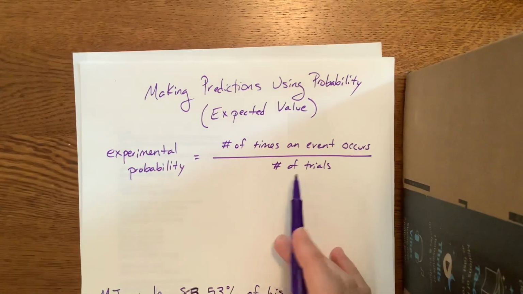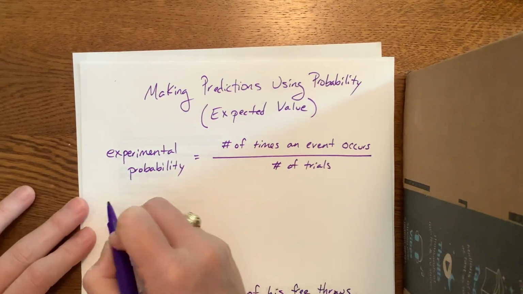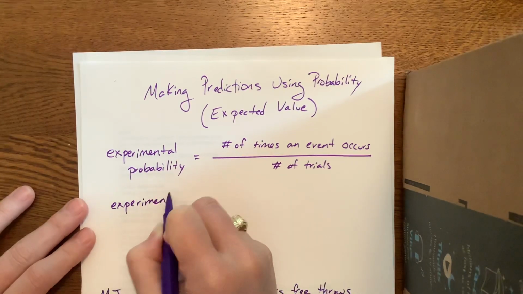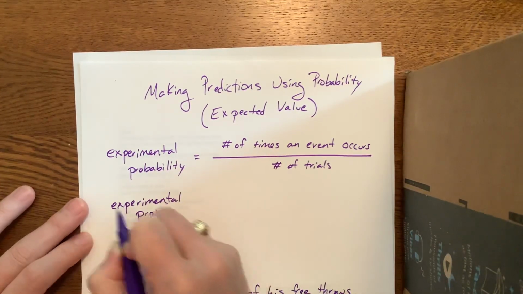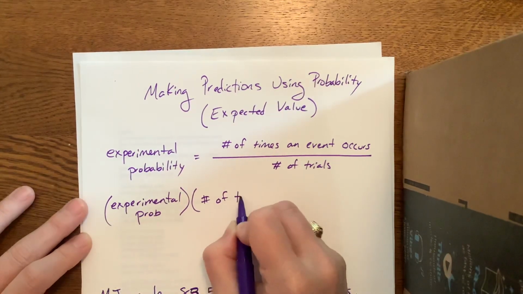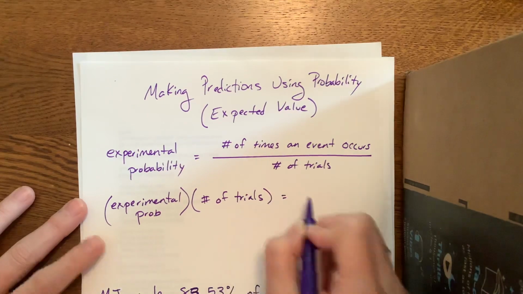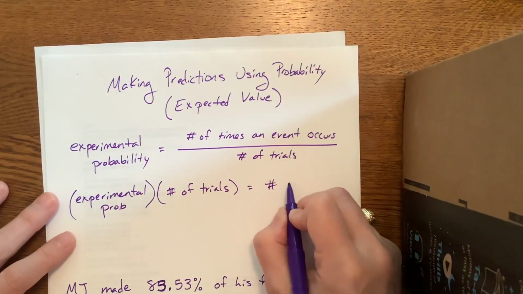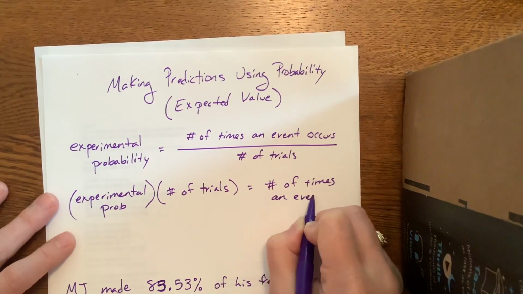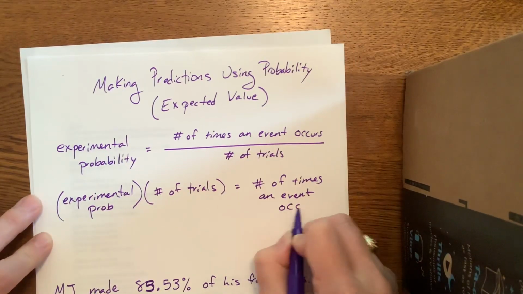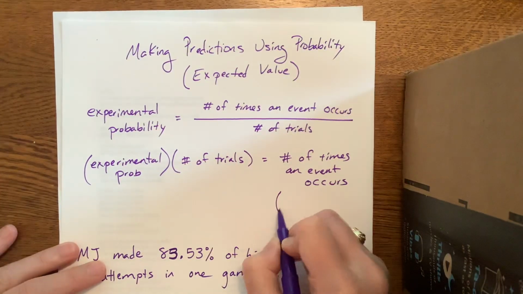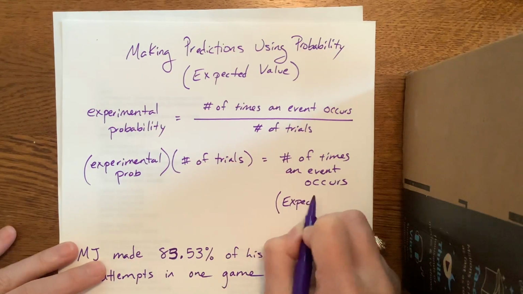Well, what we can do is manipulate this formula and say that our experimental probability multiplied by the number of trials will equal the number of times the event occurs. And this right here, the number of times the event occurs, is what we call the expected value.